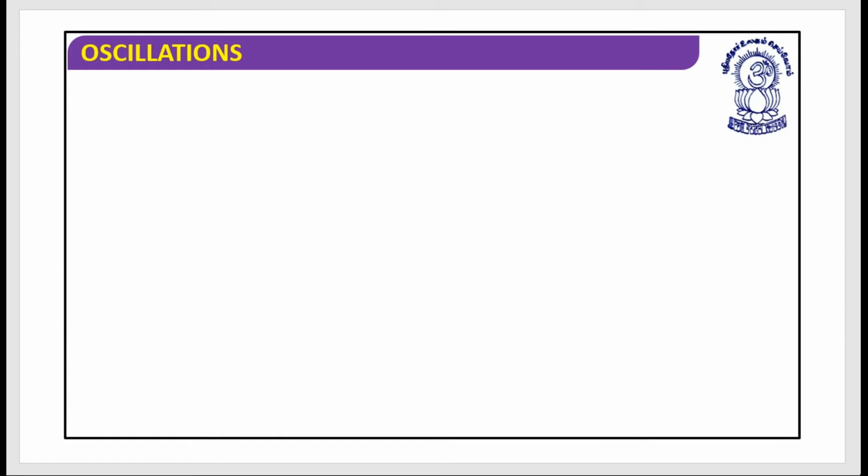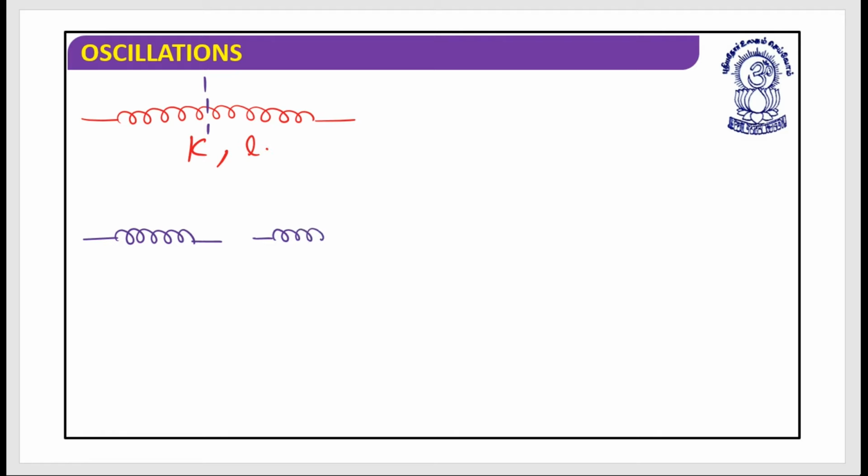Now let's look at how k could be changed. Let's suppose this is the spring. The spring has spring constant k and length L. Now suppose this spring is cut into two parts of equal length, each of length L by 2, with spring constant k dash.